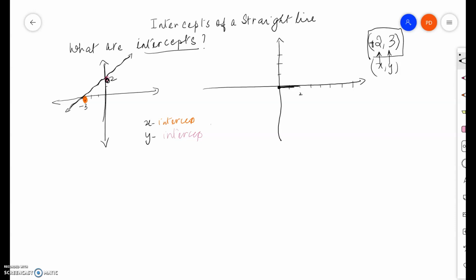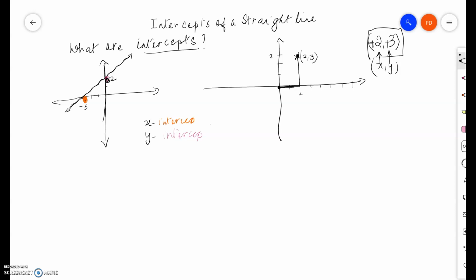Now, the y coordinate is 3. The y coordinate tells us how far we move in the vertical direction and which direction to move. If it's positive, we move up, and here it's +3, so we move up by 3 units. So that's how we plot the point (2, 3).